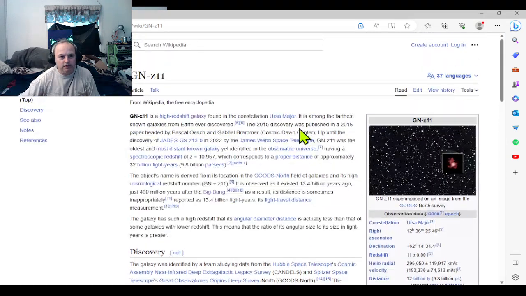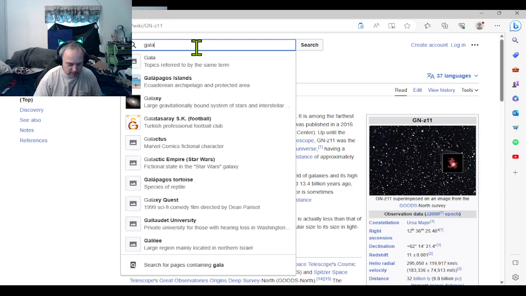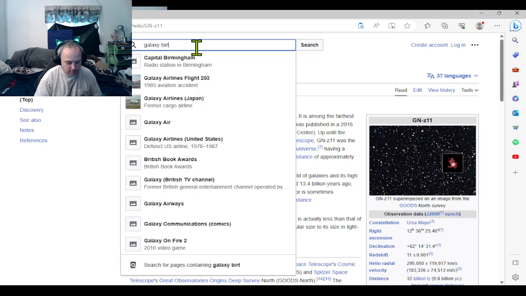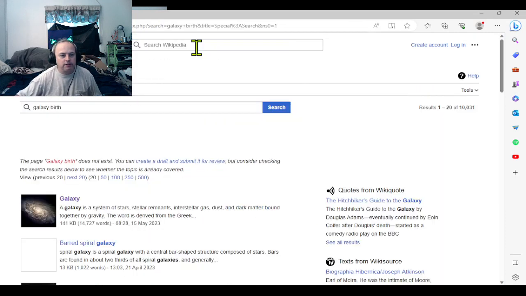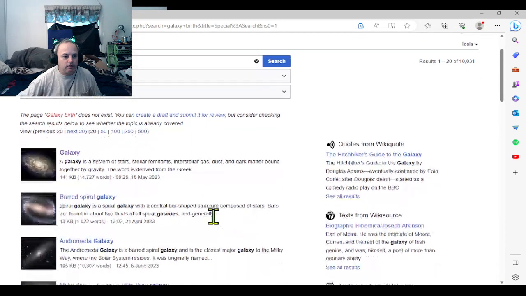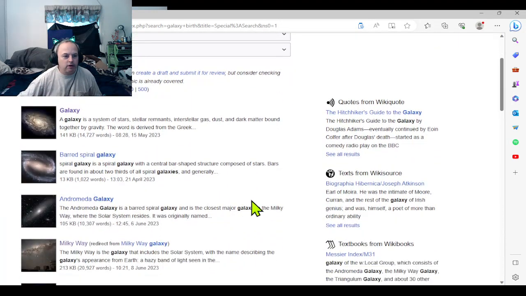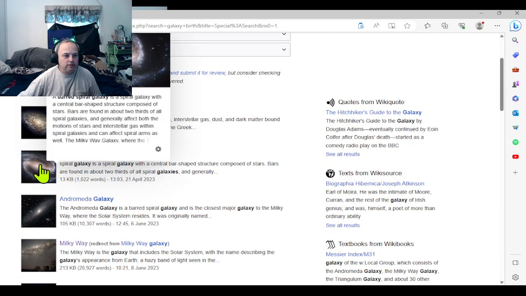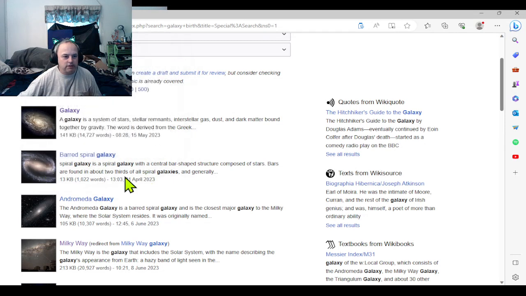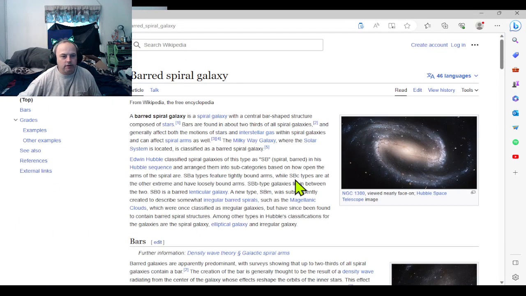And let's look at the birth of a galaxy. Galaxy birth. So a barred spiral galaxy. This is a barred spiral galaxy. Oh, it's a barred. So central barred, composed of stars, interstellar gas, spiral arms.